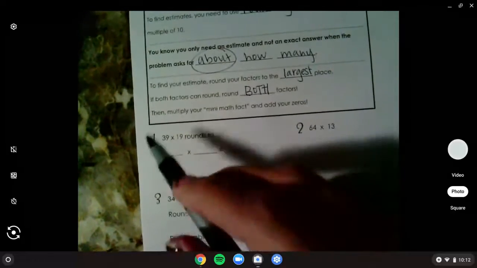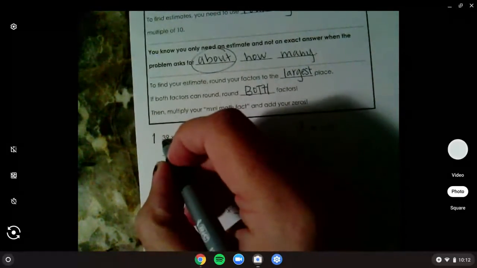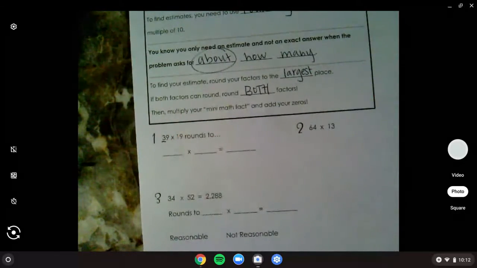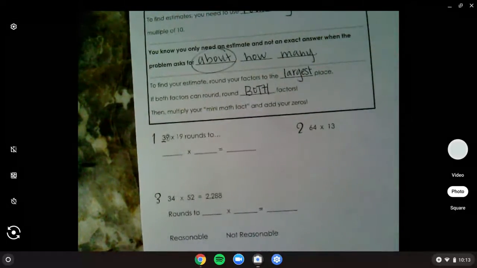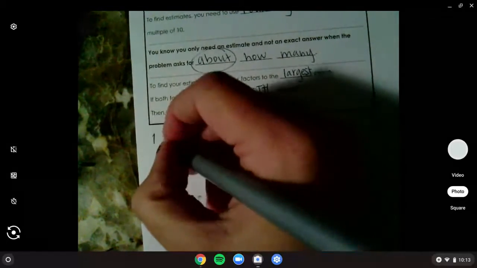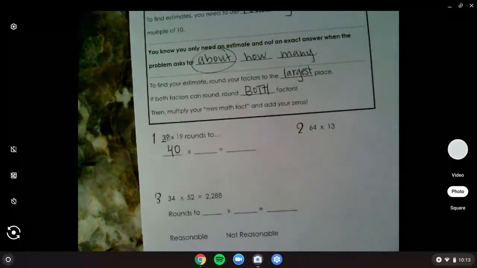So 39 times 19 would round to, I'm looking at 39. My largest spot is the tens. And I look next door, and that 9 tells my tens to round up. Round up to a 4, and everything behind it is a 0.